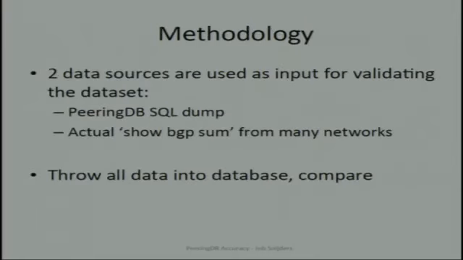To address this problem, we figured there are 2 useful data sources out there. One is the data set that we want to validate, PeeringDB, the SQL dump. And the other one that is very useful is actual show BGP summary outputs from real networks. We'll throw this all together in one giant cocktail and then go over the results.